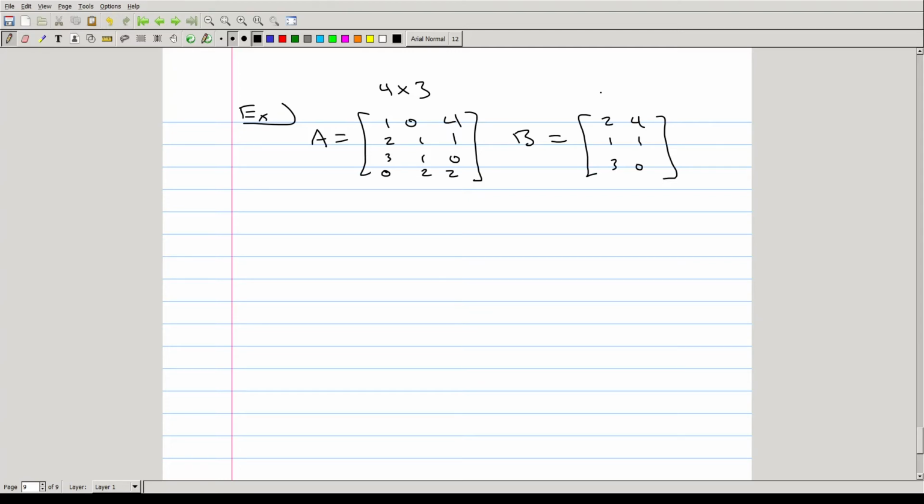B is a 3 by 2 matrix. So A times B is going to be a 4 by 2 matrix. And specifically, it's going to be the matrix 14, 4, 8, 9, 7, 13, and 8, 2.